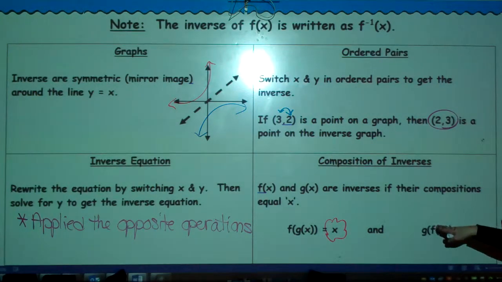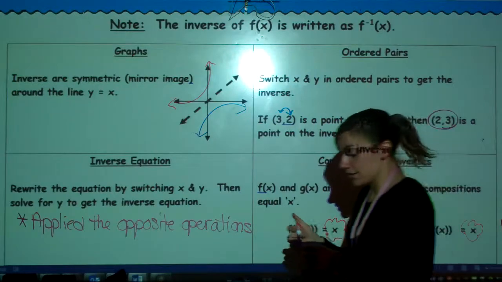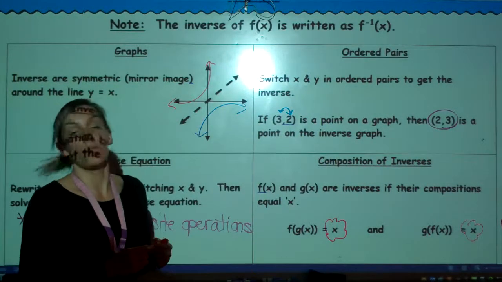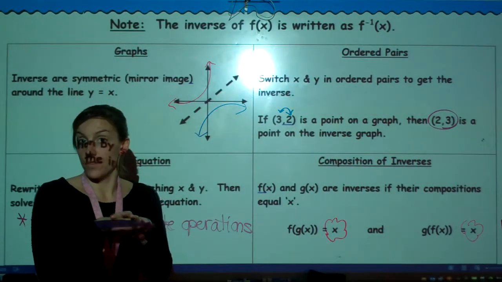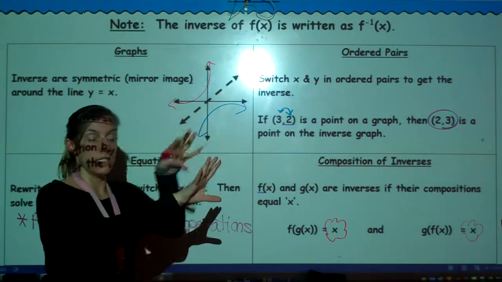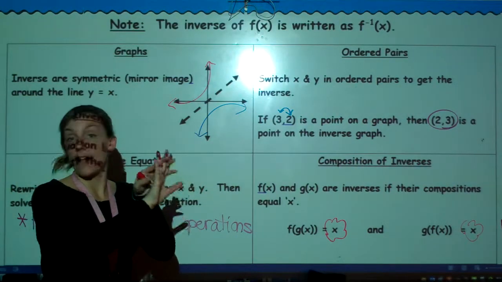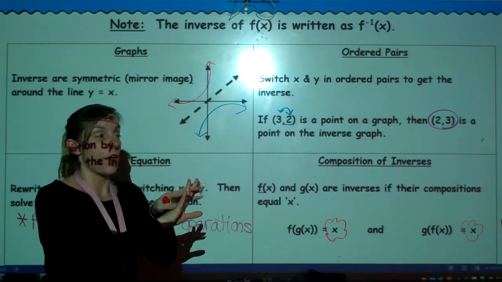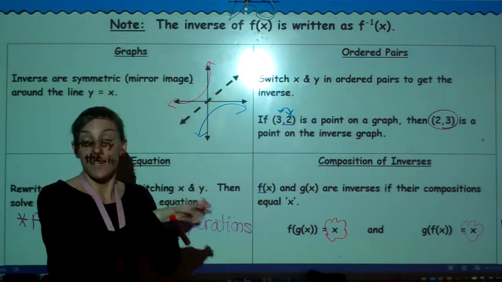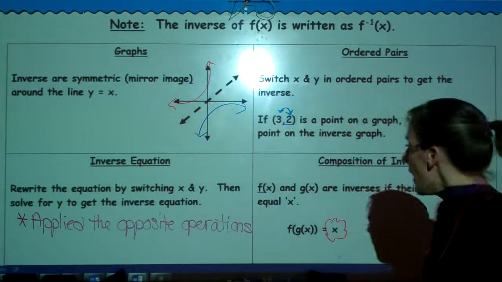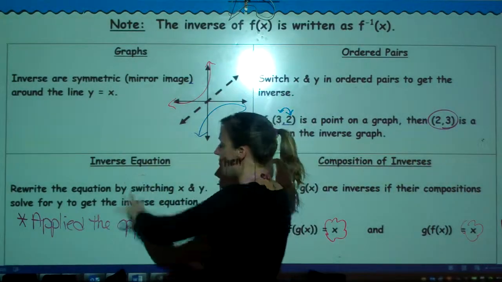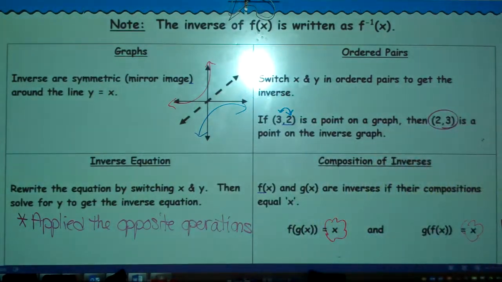And if I put the f function into the g function, we also get x. That's how we know if functions are inverse: when I put one into the other, everything cancels out except for x. And if I reverse it, I still get x out. So that is just kind of the different ways we could see inverse functions.